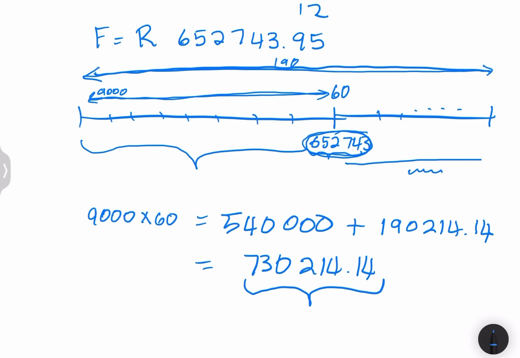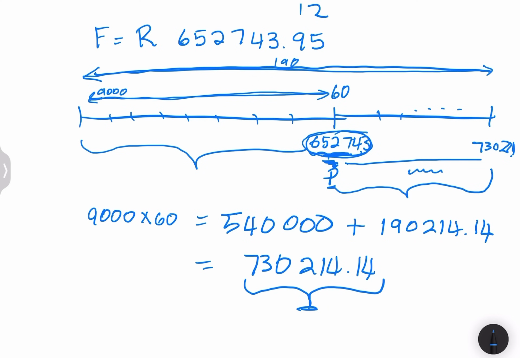Now I want you to think about it. I'm going to take this as my present value over here. So over this period of time, how long would that period be so that the total accumulated amount is 730,214 and 14 cents? I hope that makes sense.